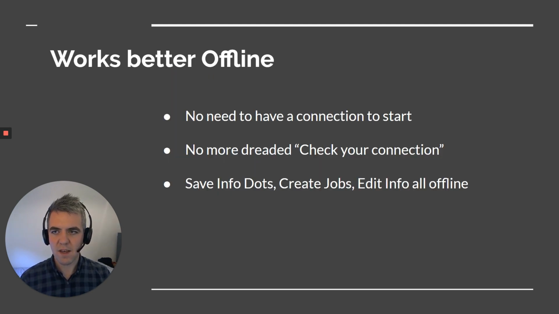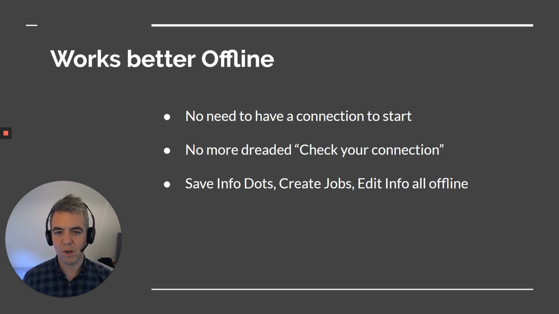So that's good. The next feature we talk about here is how the system works offline. You all know the problem if you've ever been in a low reception area or turned the Wi-Fi off by accident, or even just turned the key on your ute and the Wi-Fi has to reboot, and then you try and open AgriTrack and you've got to wait for the connection to come online.